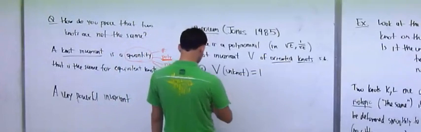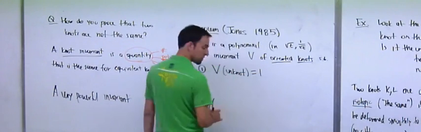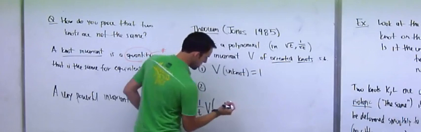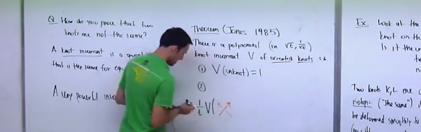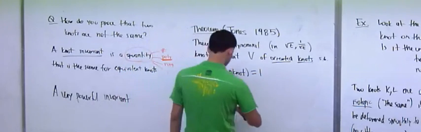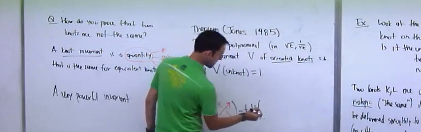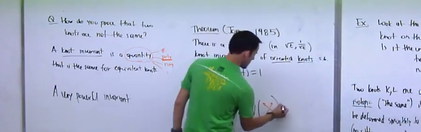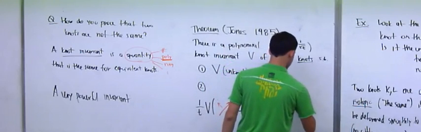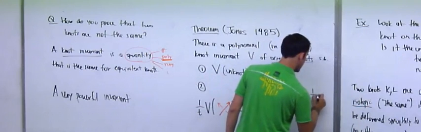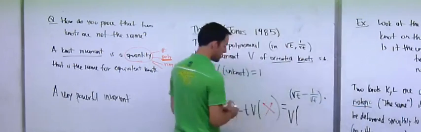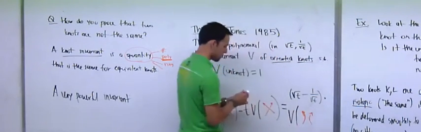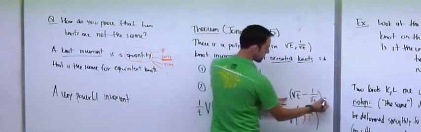I'm going to write an equation. 1 over t times the Jones polynomial of a crossing like this, minus t times the polynomial where you have the same crossing, but now this strand is above this one, should equal square root of t minus 1 over square root of t times the Jones polynomial of these two strands not crossing at all.